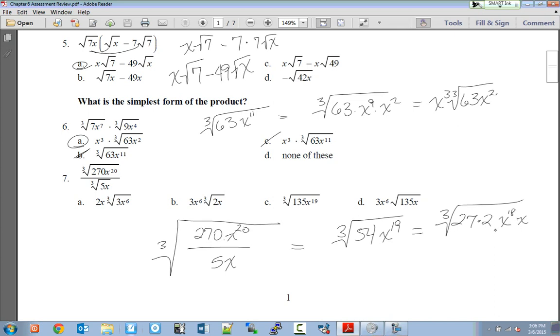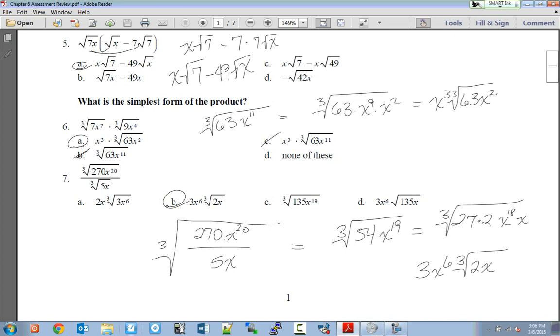So now let's go through and take some cube roots here. Cube root of 27 is 3. You can't take the cube root of 2, but the cube root of x to the 18th is simply 18 divided by 3, which is 6. So it's going to be x to the 6th. And now the cube root of 2 times x. So the answer is B.